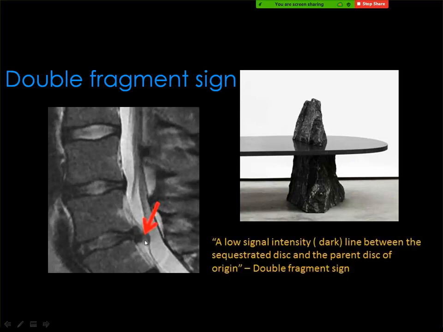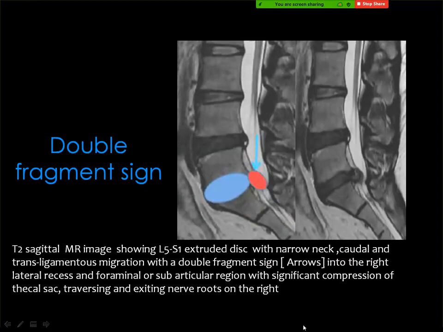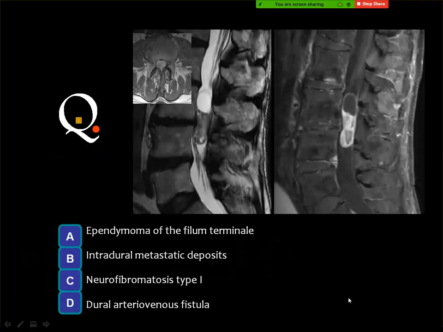If you see a disk like this with caudal migration and sequestration, then this is what you can see here, the double fragment sign, but it's not that apparent in this particular disk. You may say that this is herniation, and look at the axial image to see whether the disk is to the right or to the left. Next case.